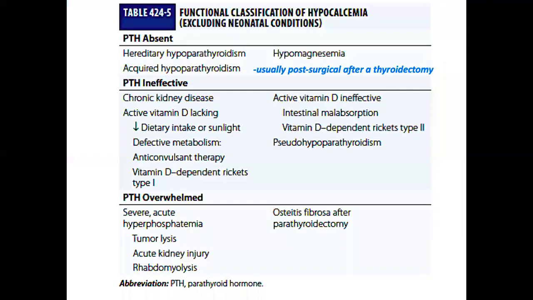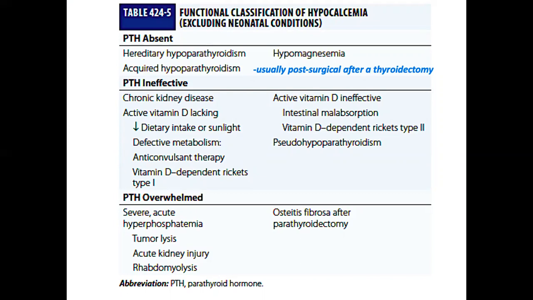So how do we classify disorders causing hypocalcemia? You just have to remember 3 classes. First, PTH absent. If you don't have PTH, this can cause hypocalcemia. As I discussed earlier, the most common cause of this is acquired hypoparathyroidism, usually post-surgical after a thyroidectomy.